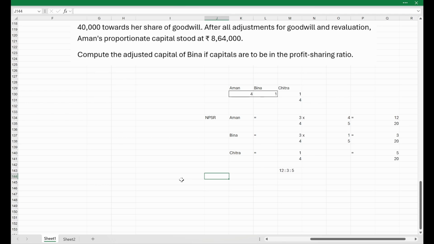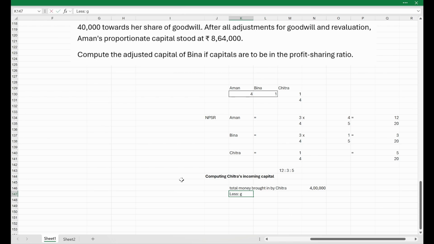Step number 2 is computing Chitra's incoming capital, because they haven't given that number in the question readily. Total money brought in by Chitra is 4 lakhs. It is including goodwill.